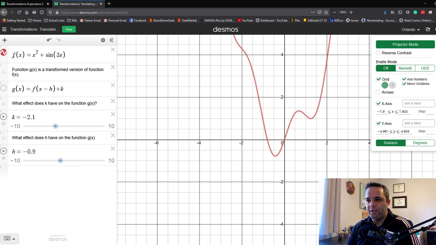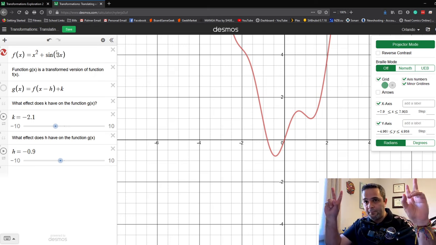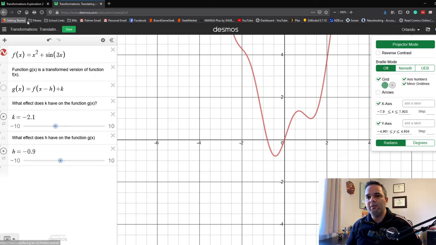Here's this red function, f of x. Now notice there's sine, there's x squared, there's a 3x. Forget about all that. We have a function. This is now our parent function. Now, they are using different letters. They're using x and they're using h and k.